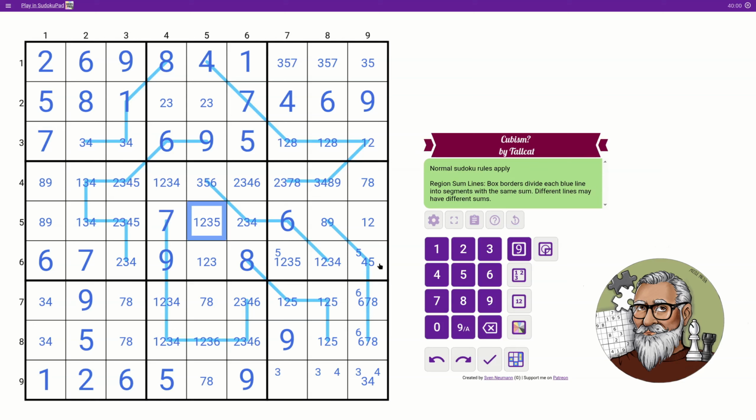Can this be 3? Sure. 3 and 4 is 7. That should be okay, right? Three and 4 should be okay.